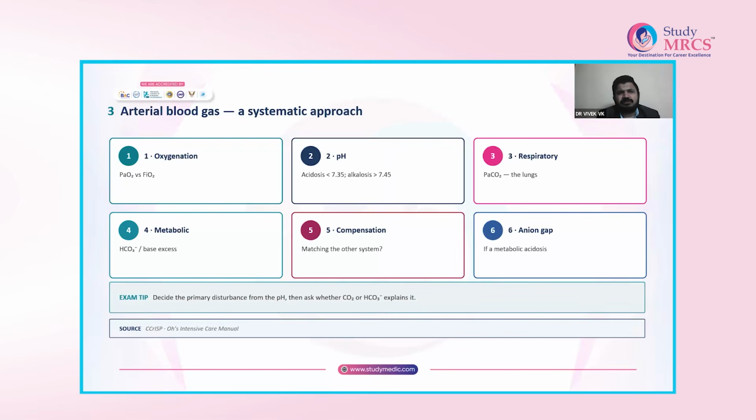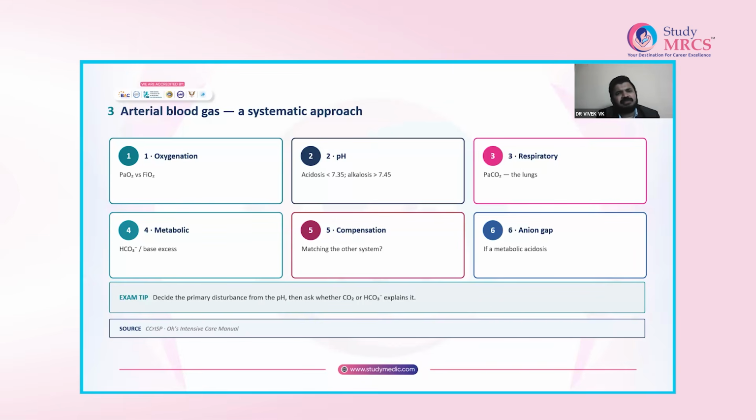Next, we are going to discuss the analysis of an arterial blood gas. First part, you have to look at the oxygenation status. You can look at the PaO2 or FiO2. The second one, you have to consider the pH. As you all know, for the normal pH you can take a cutoff range of 7.35 to 7.45. For calculation purposes, you can also take a value in between, that is 7.4.